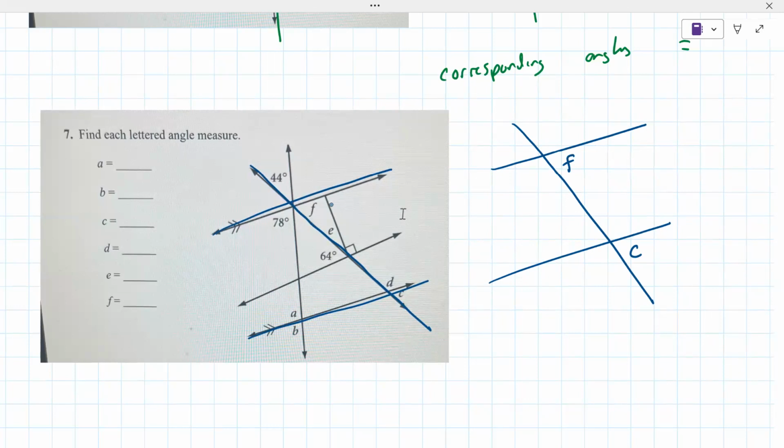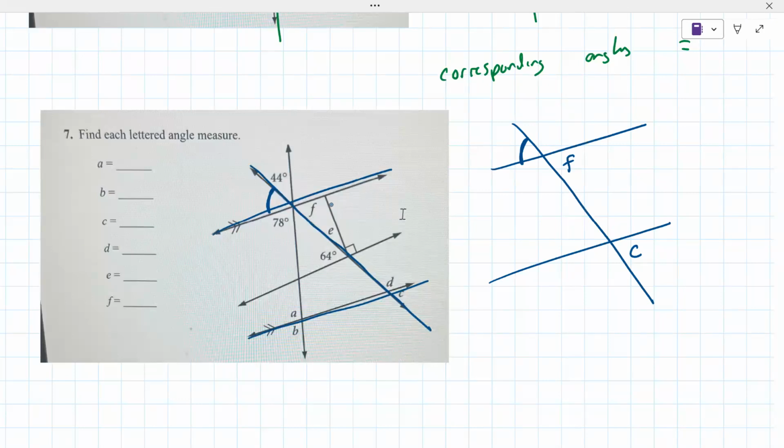And if you knew this angle right here, which is this one over here on the left, you could get C by alternate exterior angles. Oh, I see. So we should find that and then we have C.